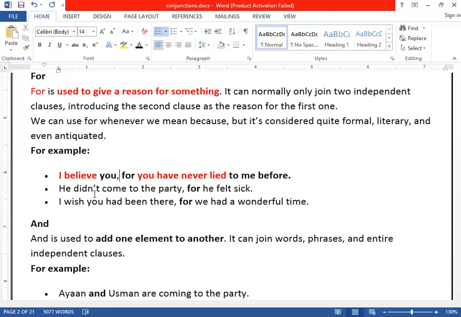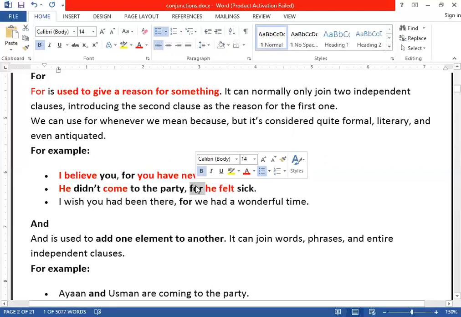Clear? Number 2, he didn't come to the party. This is one clause. He felt sick. This is another clause. He didn't come: one clause, he is the subject. And he felt: he, subject, and felt is the verb. This is another clause. And FOR is called a conjunction.